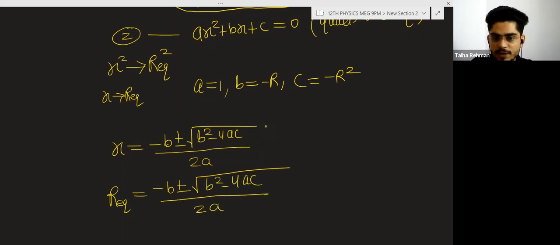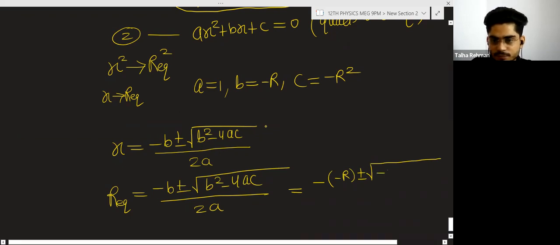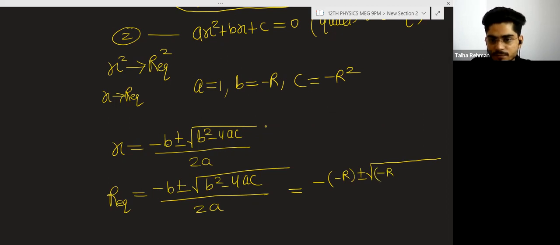This is purely maths. Now what is b? You will write b as minus r, plus minus b square, means minus r square.